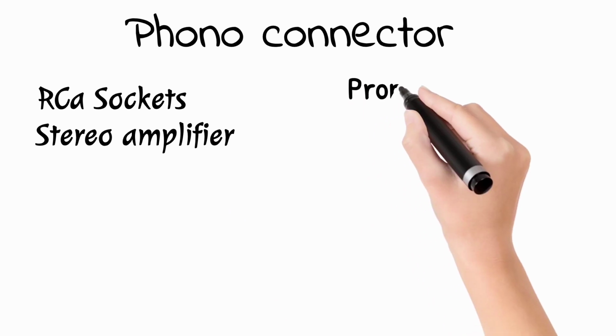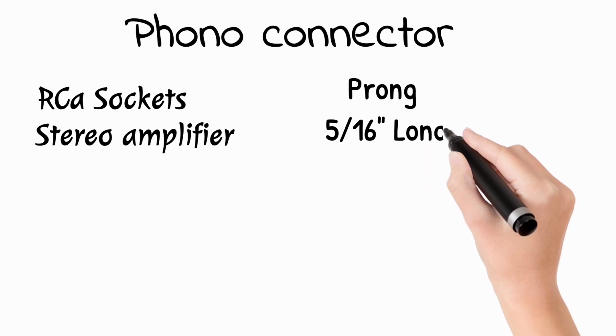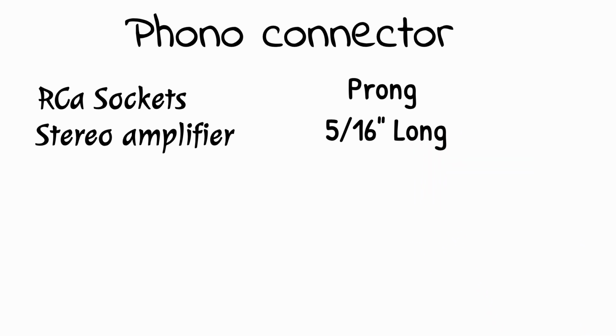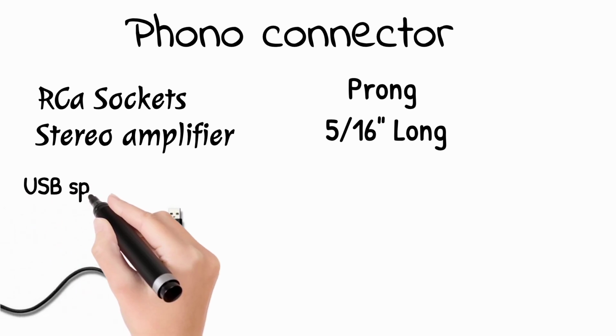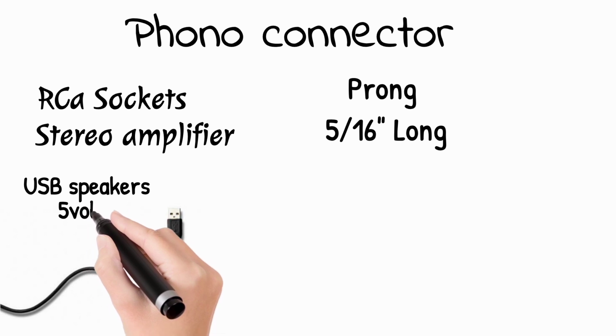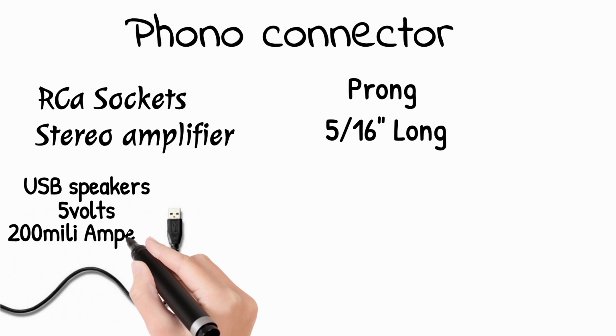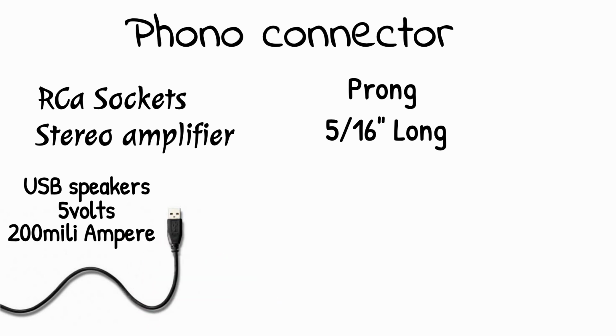The prong is 1/8 thick by 5/16 long. A few use an RCA connector for input. There are also USB speakers, which are powered from the 5 volts at 200 milliamps provided by the USB port, allowing about half a watt of output power.